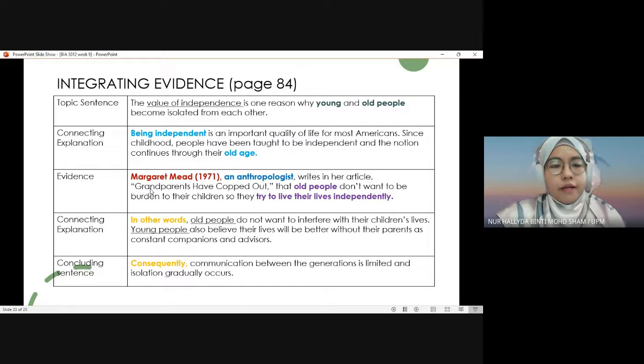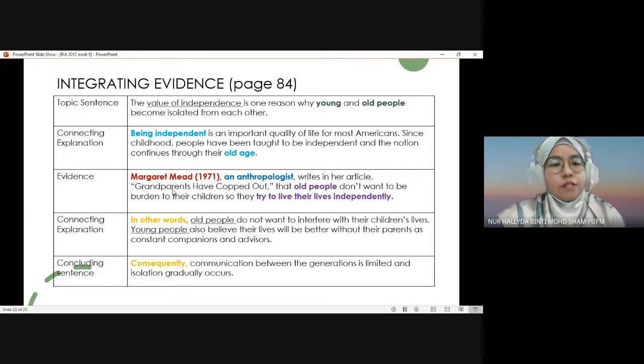Okay, and then you include evidence to support your explanation. So your evidence could be expert evidence or example evidence, up to you. And then you're going to have another connecting explanation to explain your evidence. Don't just dump evidence.